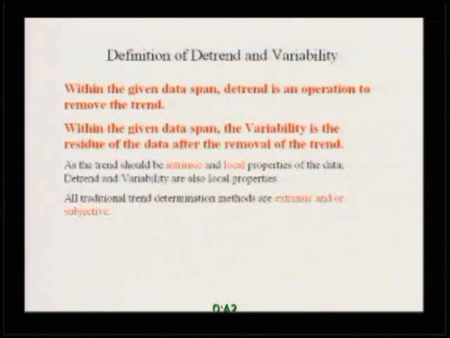Mean is fine if the data is stationary. I can have a mean. But if my data is non-stationary, and especially if my data has a trend, then you cannot just force the data into the mean. What kind of data does the mean not make sense for?